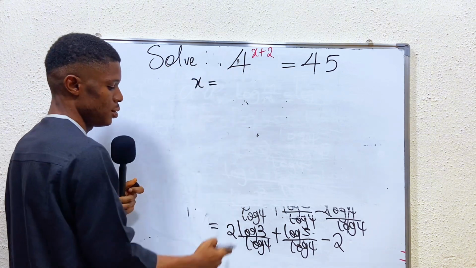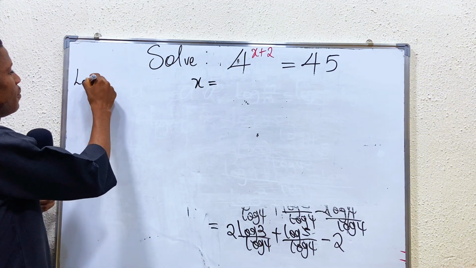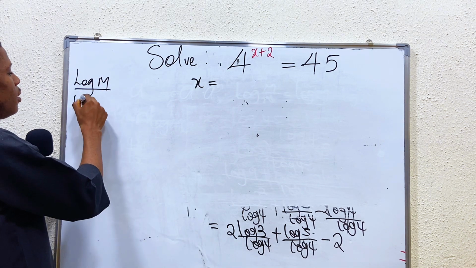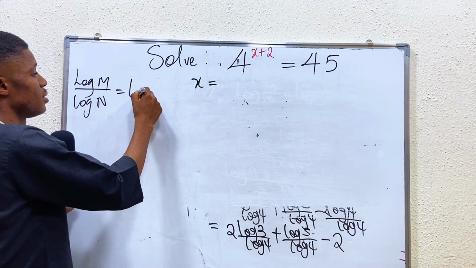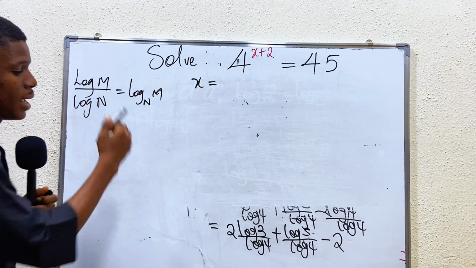X will be equals to, we are going to use change of base. In change of base, when you have log m over log n, if you use change of base, you have it as log base n of m. So let's apply it in each term here.